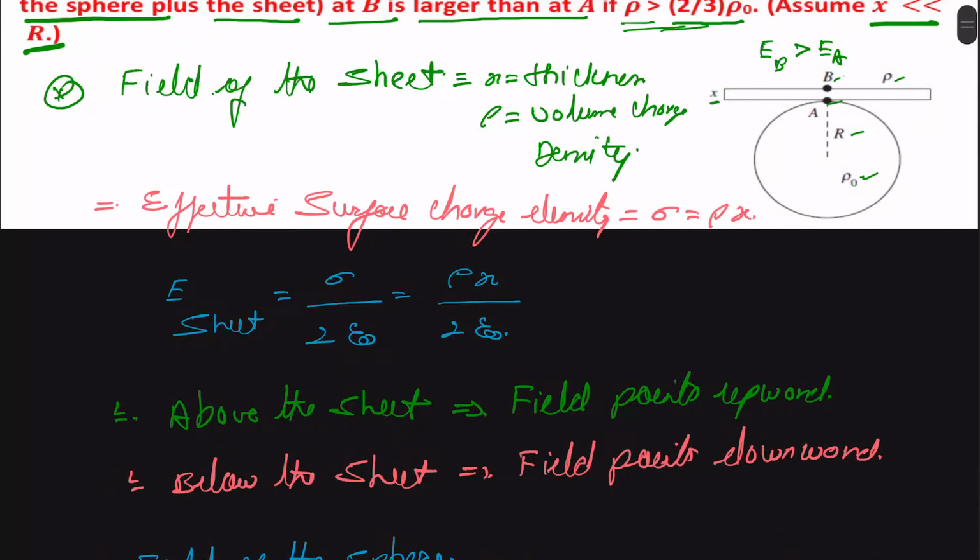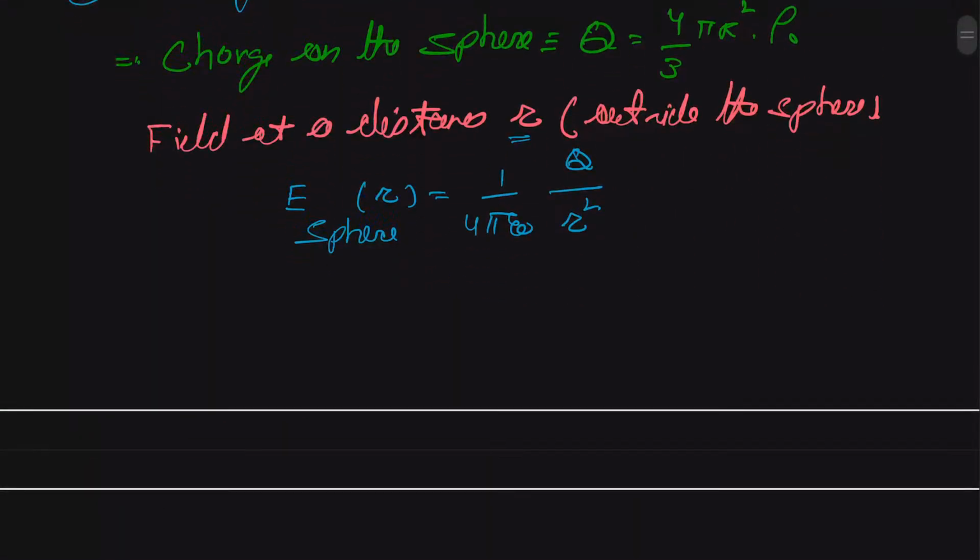In the first part with respect to point B, and the second part with respect to point A. So with respect to point B, this r distance will be equal to R plus x, and with respect to point A, this r will be equal to capital R, because A is nothing but the point of tangency, and B is just opposite to it at a distance x from A. Therefore, field at point B, and for that our distance r will be equal to capital R plus x.